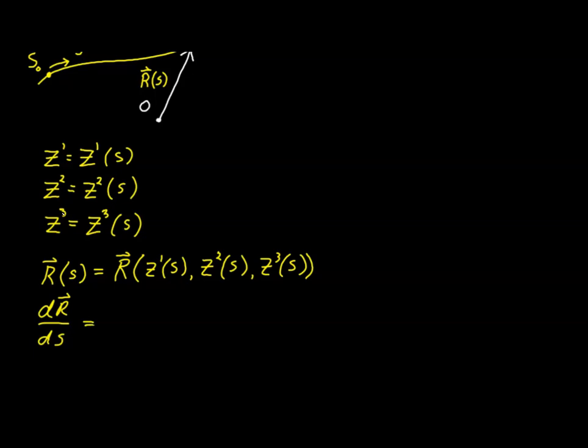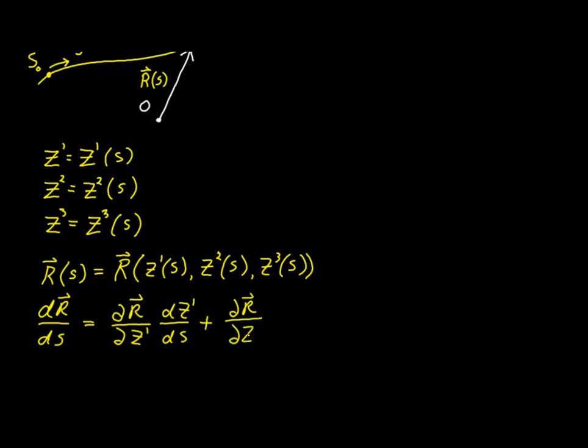But on the right side, we have to use the chain rule. And if you remember your multivariable calculus, when we have multiple arguments like this, we have to start with the partial derivative of r with respect to z1 times the ordinary derivative of z1 with respect to s, and add similar terms for each of the other 2 coordinates.